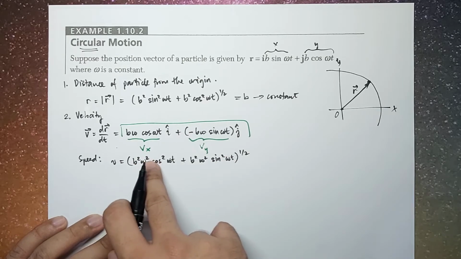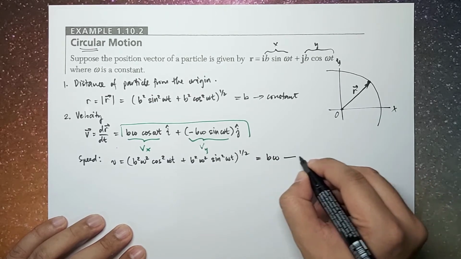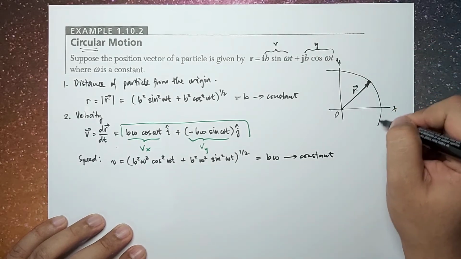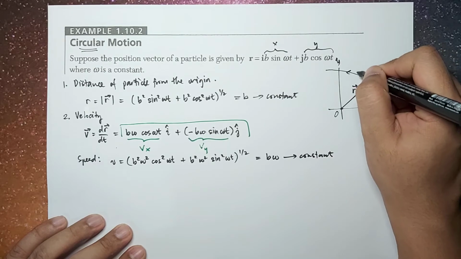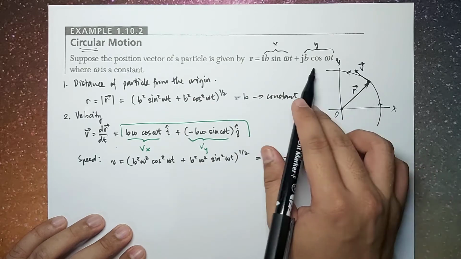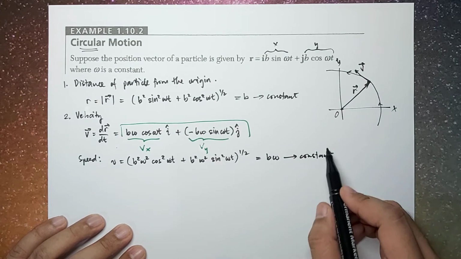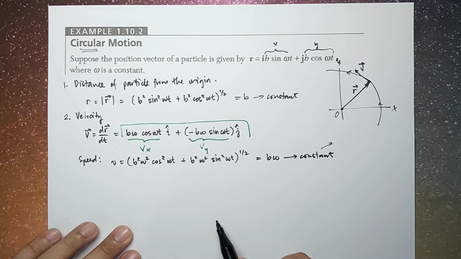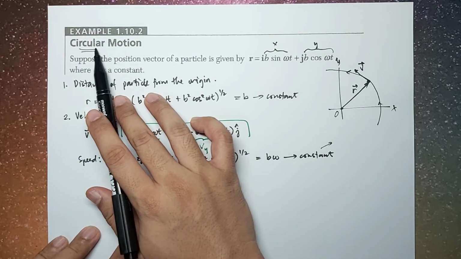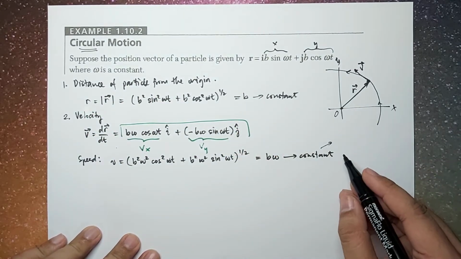So that's b squared omega squared to the 1/2, which is b omega, again a constant. That means the particle moves with a velocity that is always tangent to the position, and it is moving with a constant magnitude, or a constant speed. So the motion of the particle under this position function is uniform.